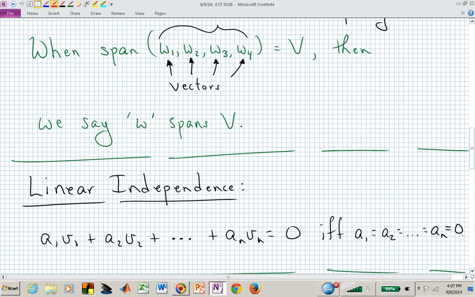If we have n vectors, v1, v2 through vn, and if those are linearly independent vectors, then the only way for us to take scalars a1 through an in the field such that when we linearly combine all of those n vectors their sum equals 0, the only way for that to happen is for those scalars to all be identically 0. That's what it means to be linearly independent.